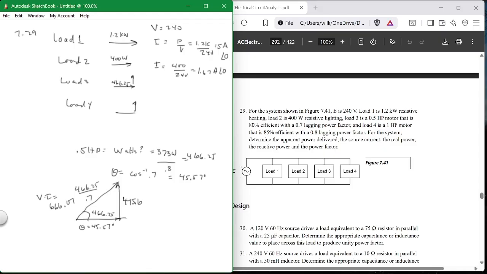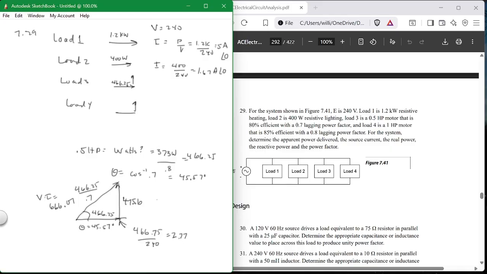What's the amps in this direction right here? What is the I in this direction? The real. It's 466.25 divided by 240, which is equal to what? 1.94. So that's my real.